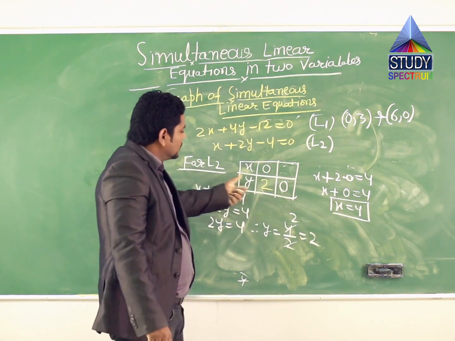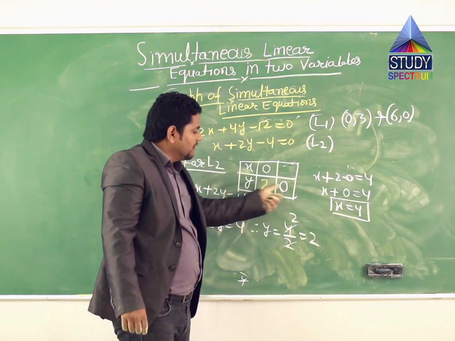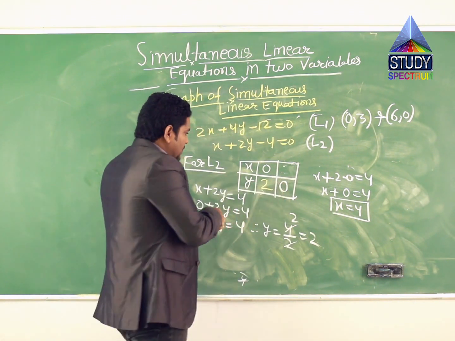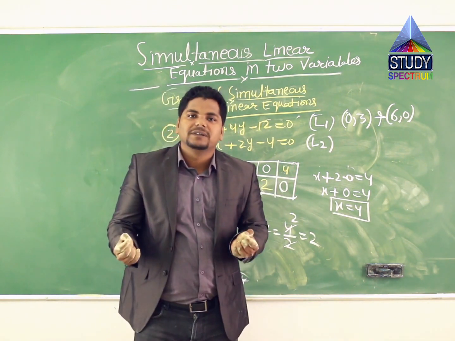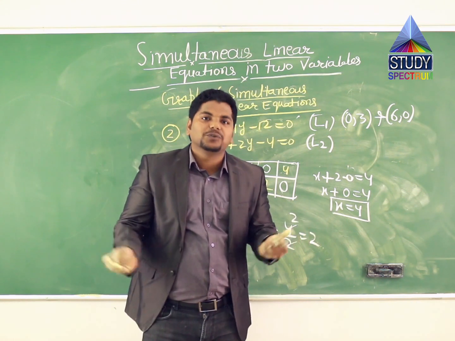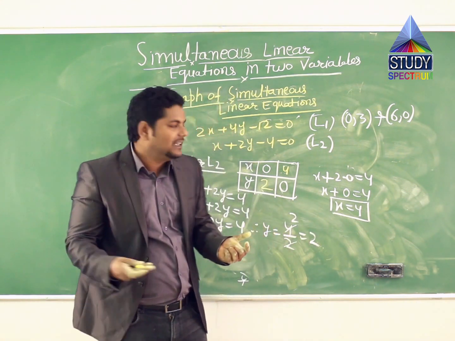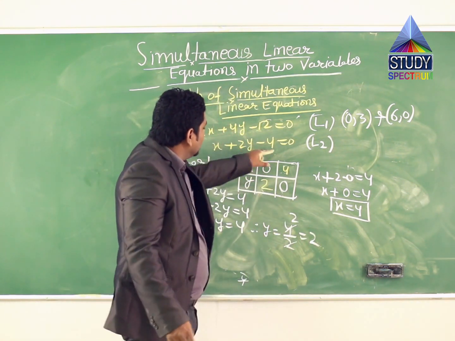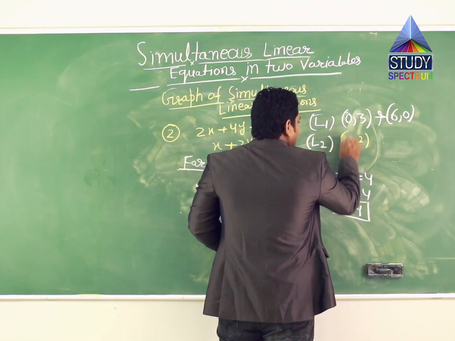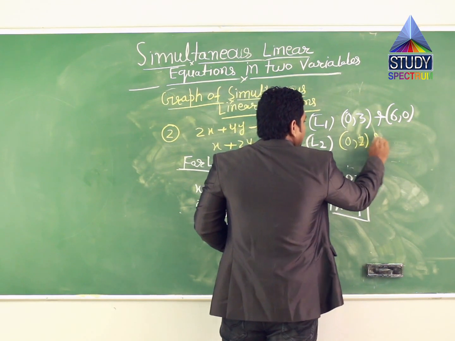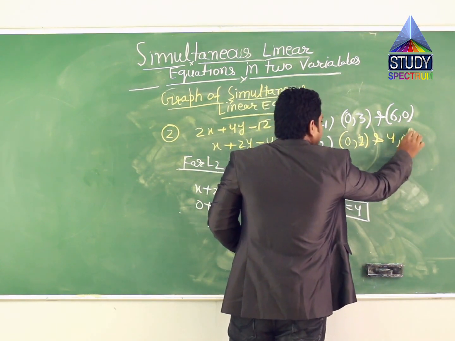So when y equals 0, x is 4. In this case also we have got 2 points, and again I am repeating, 2 points are quite enough to fix a straight line. So for L2 we have 2 points, (0, 2) and (4, 0).